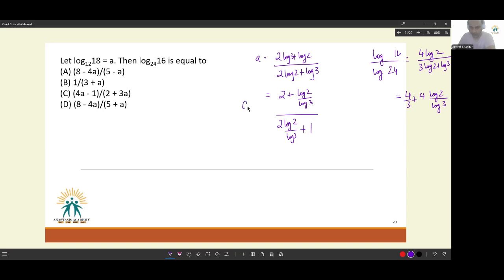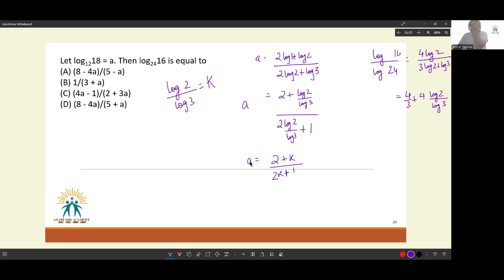This is excellent. A is equal to this. Now I'm taking log 2 by log 3 as k. So A is equal to (2 plus k) by (2k plus 1).